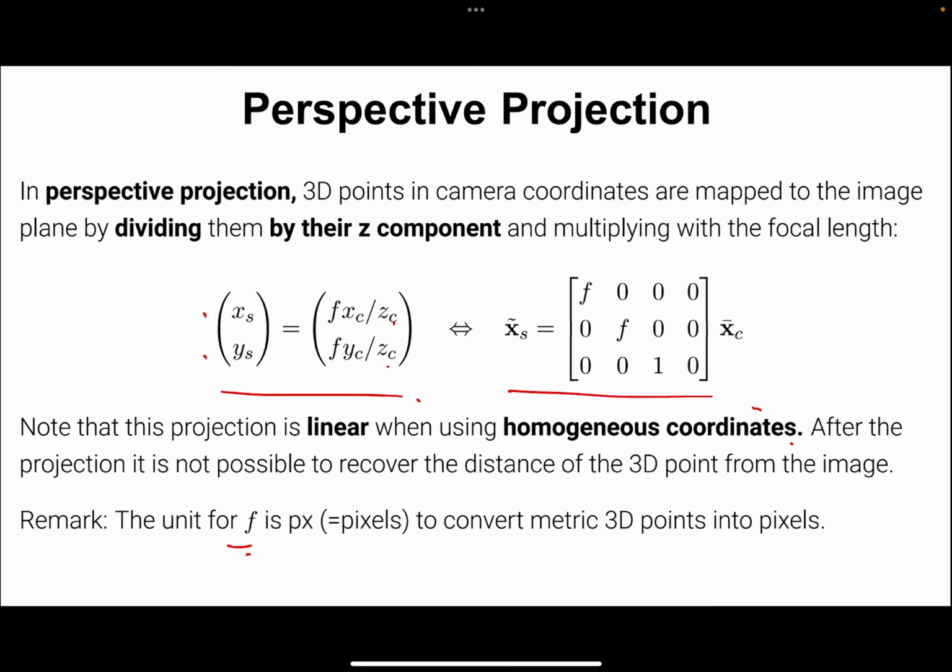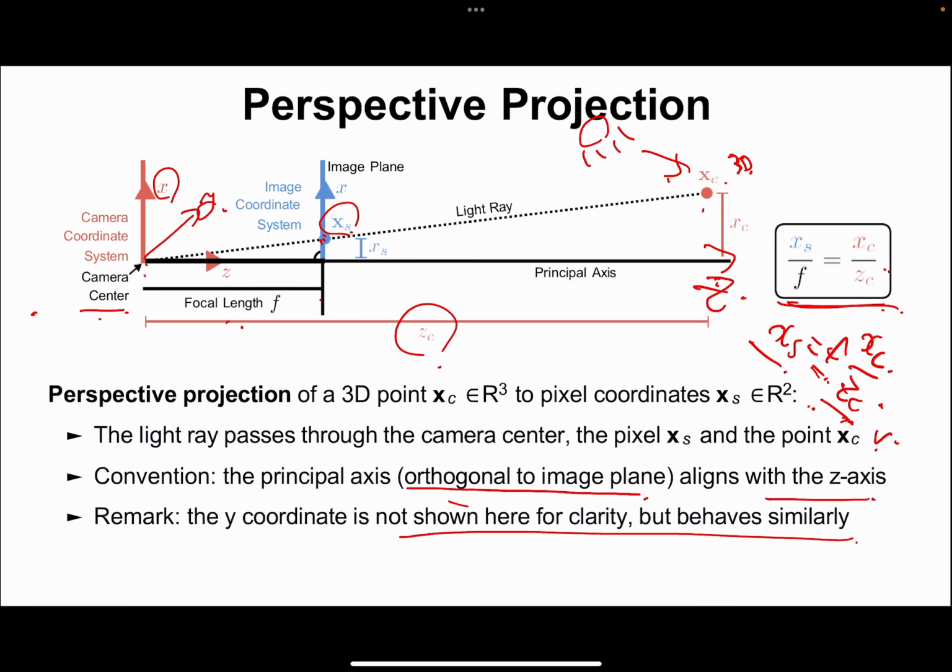And f, the focal length, is in pixels to convert a metric 3D point to pixels. So this one is in meters, and the meter is cancelled, and f should be in pixels, so that the result can be in pixels. So f is, as I said, just some scale of orthographic projection. But the important thing is that, for example, if xs is xc, then this is exactly the same as the scale orthographic projection.